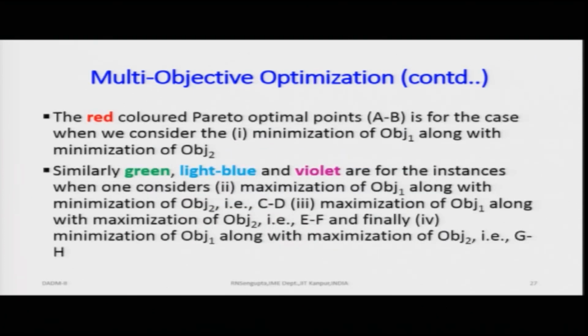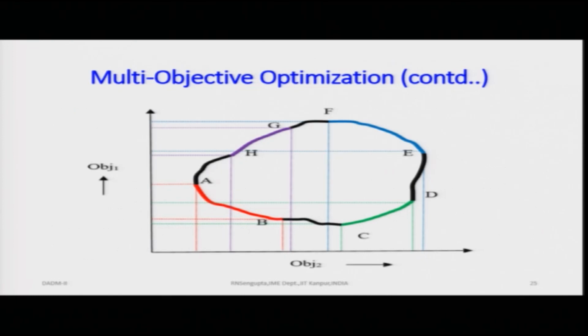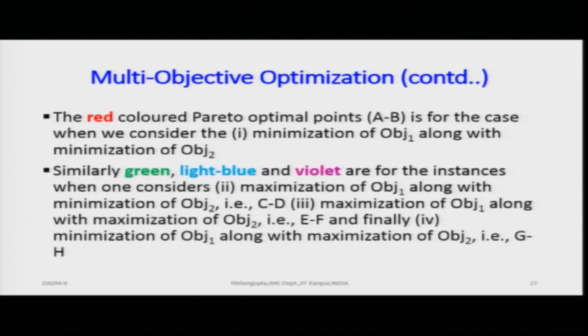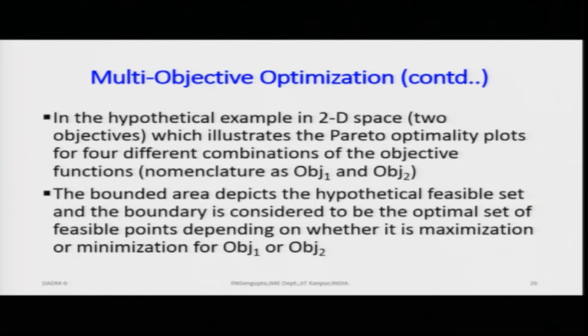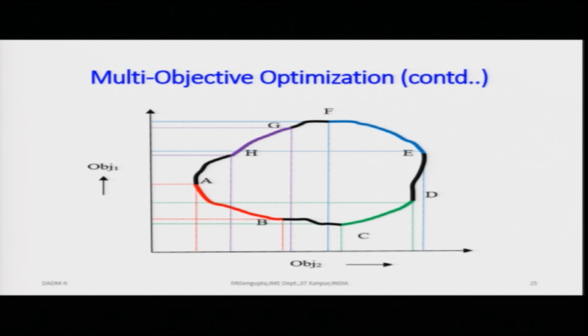So, for the light blue, it is maximization of both. For the green one, it is basically minimization of objective 2 and maximization of objective 1, while the red one is minimization of both.